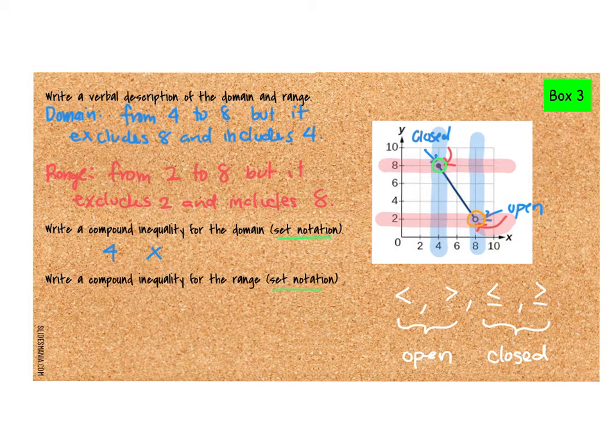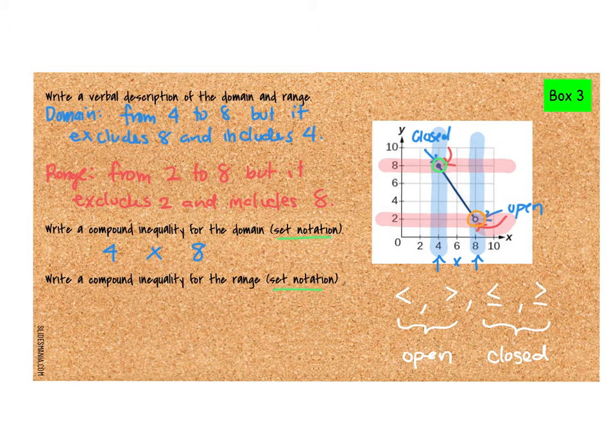And then it goes all the way to positive 8. Okay, so basically you're wondering, how did you get 4 and 8? 4 is right here, 8 is right here. X represents everything in between. Okay, X is not 6, it represents everything in between, which could be 6.